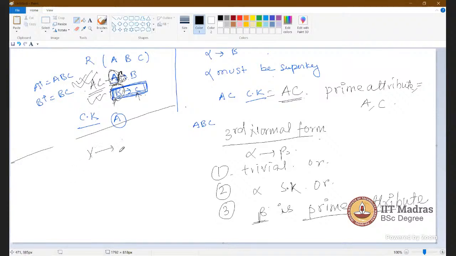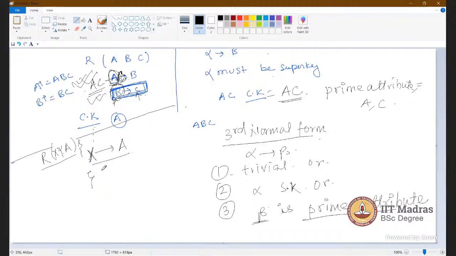X determines A, this particular functional dependency violates the condition. Suppose R has this functional dependency, with X, Y, A as the attributes. This is the relation, and these are the attributes, and this is the functional dependency, right?